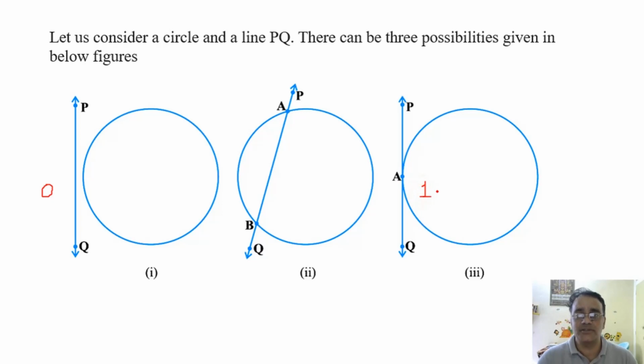So there are three possibilities with the circle and the line. A line can intersect a circle at no point, that is 0 points, at 1 point, or at 2 points. Now when it intersects at 2 points, what do we call that line? Secant. And if it intersects exactly at 1 point, that line is called a tangent.